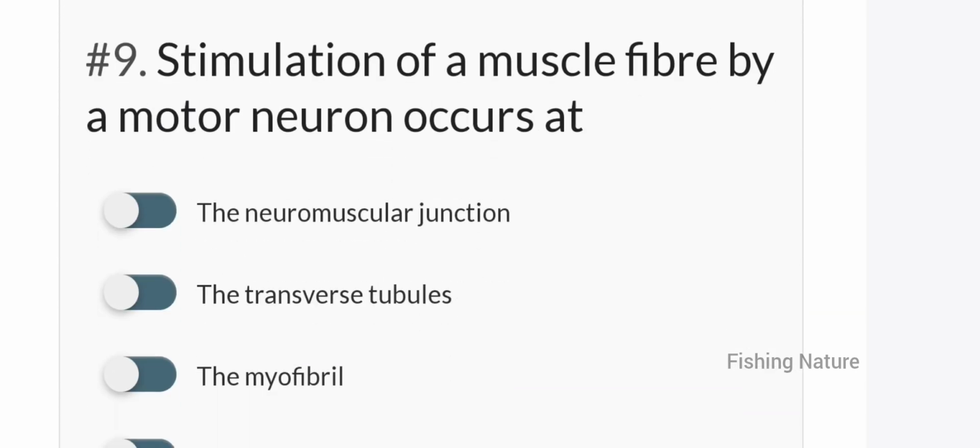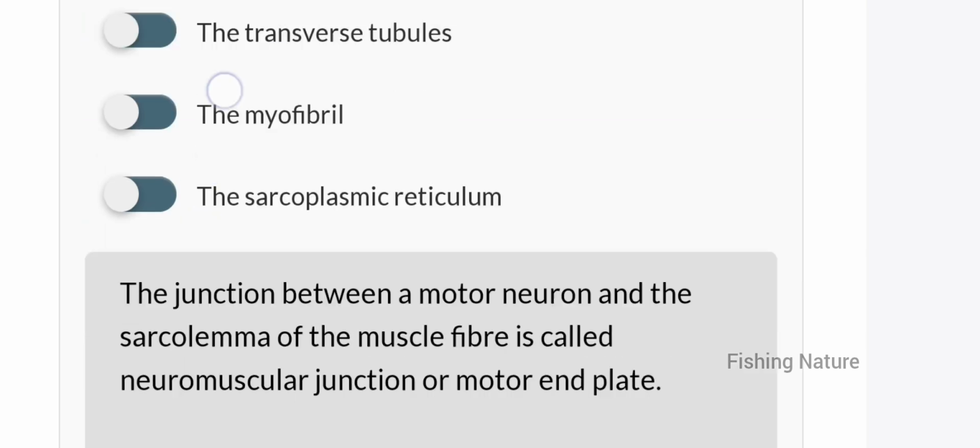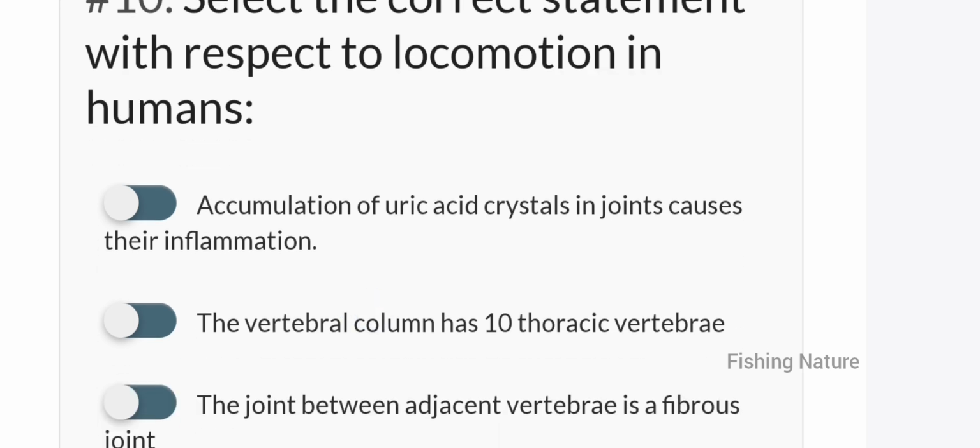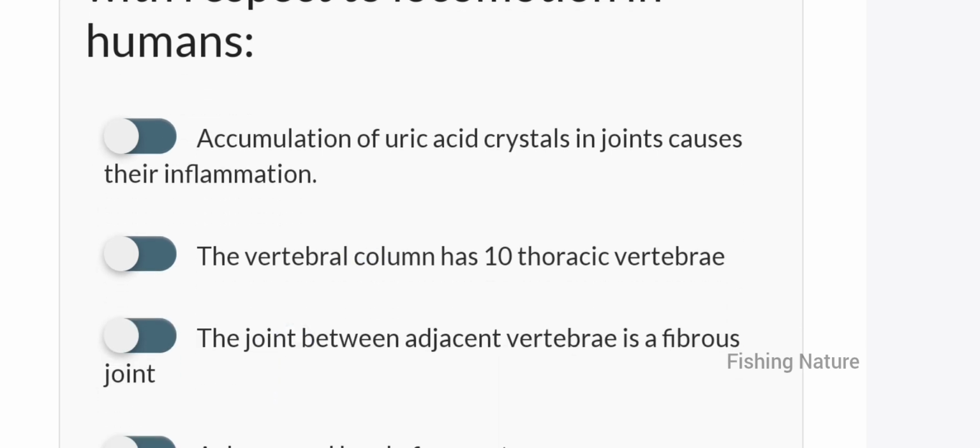Next one, stimulation of a muscle fiber by a motor neuron occurs at the neuromuscular junction, the transverse tubules, the myofibril, or the sarcoplasmic reticulum. It is the neuromuscular junction. Next, select the correct statement with respect to locomotion in humans. Locomotion means movement.